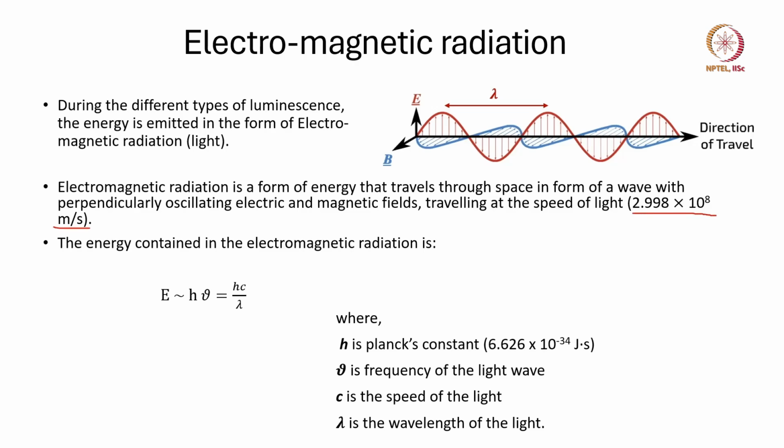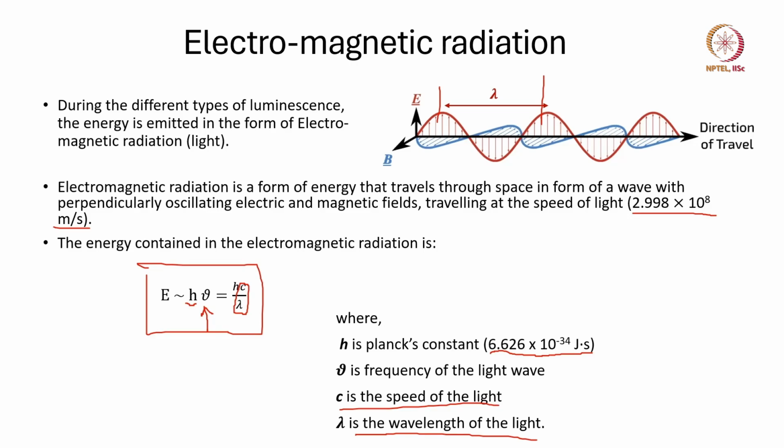The energy contained in the electromagnetic radiation is given by the relation E = hν, where h is Planck's constant, whose value is 6.626 × 10^-34 joule seconds. ν is the frequency of the light wave, and the frequency can be rewritten as c/λ, where c is the speed of light and λ is the wavelength of the light, which is the distance between any two crests or troughs of the wave.